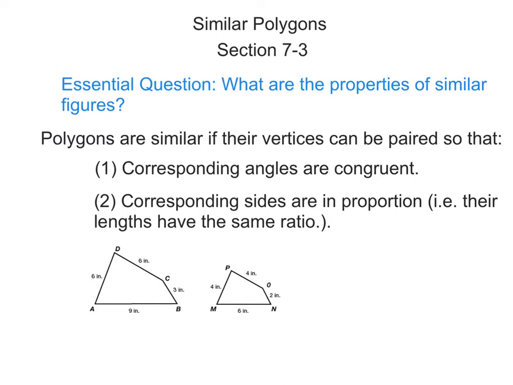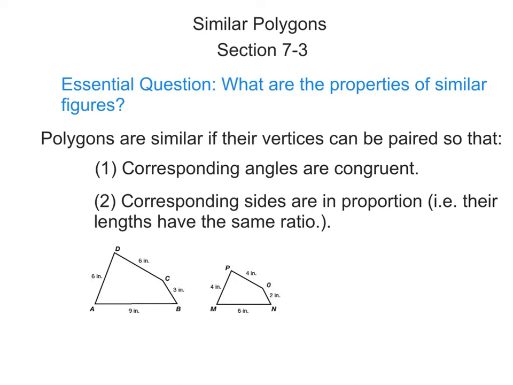B corresponds to N, and again, those angles appear to be congruent. C corresponds to O, and those angles would appear to be congruent. And lastly, D corresponds to P, and those angles appear to be congruent. So we definitely meet the criteria of the first step above.